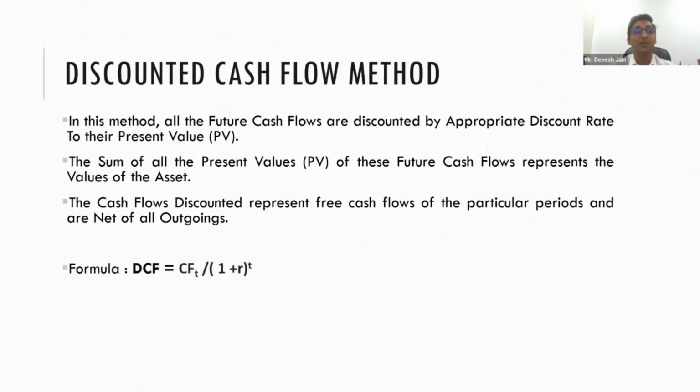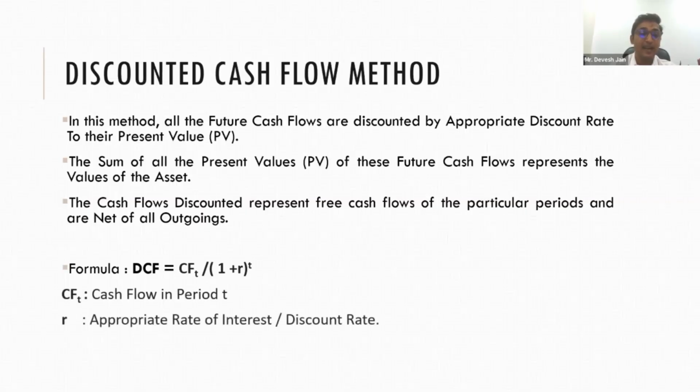The formula for discounted cash flow is CF upon (1 plus R) raised to T, or N. So 1 upon (1 plus R) raised to N is the present value factor, and this is multiplied by the cash flow to get the present value of the cash flow. CFt is the cash flow in period T, R is the appropriate rate of interest, and T is the life of the asset which is to be valued.